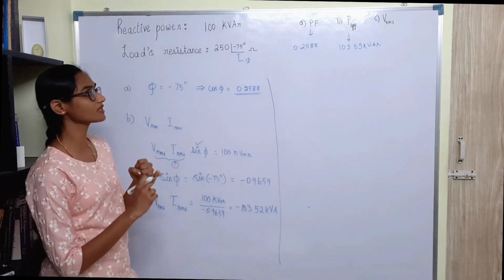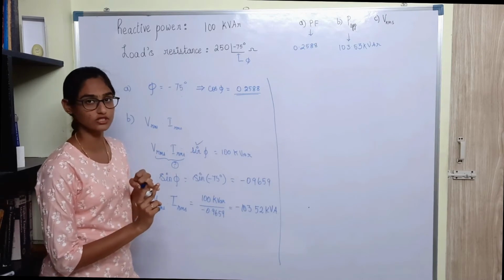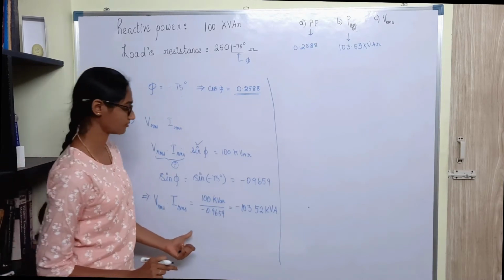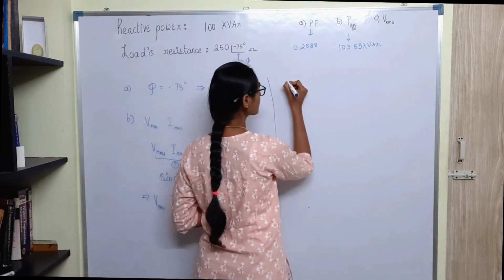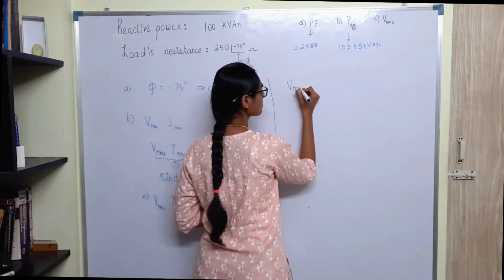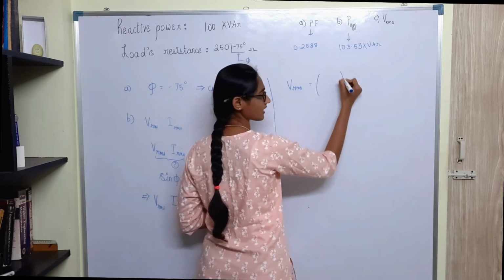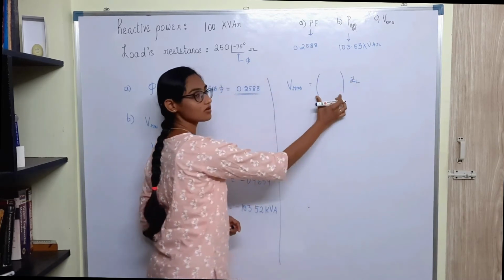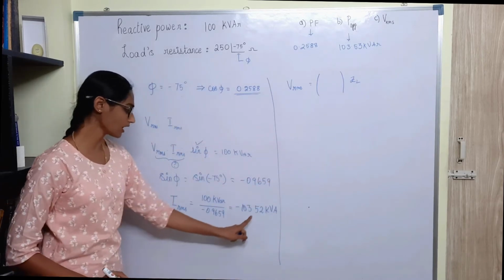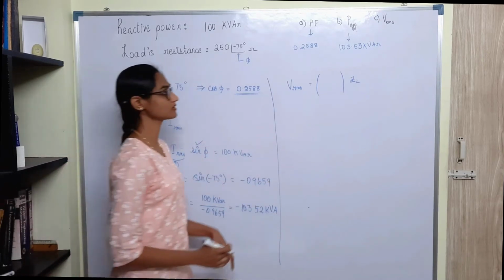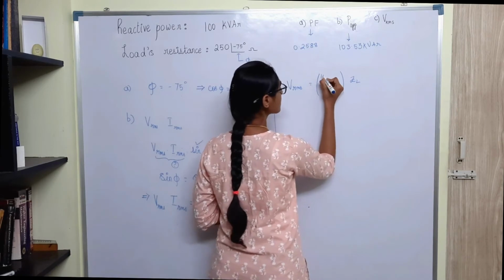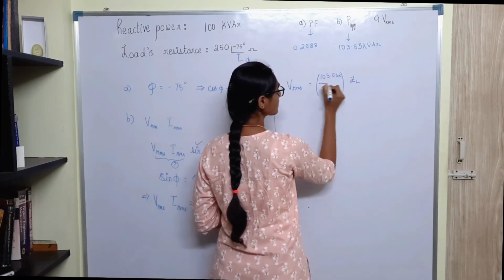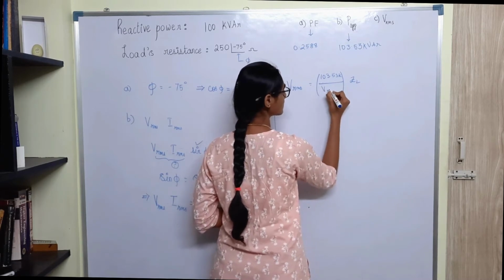Okay, now we need to find the RMS value of the voltage. We don't know the value of the current, we don't know the value of the voltage, but we know the product of them. We know Vrms times Irms. So Vrms will be the current times the impedance, right? What is the value of the current? The current will be apparent power divided by the RMS voltage, which is 103.53 k divided by Vrms.